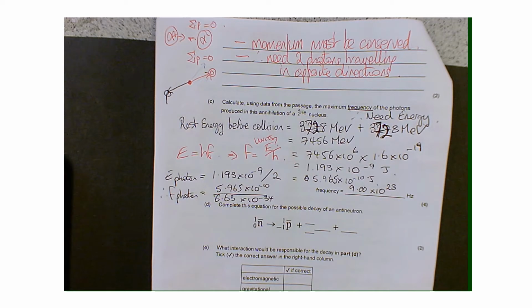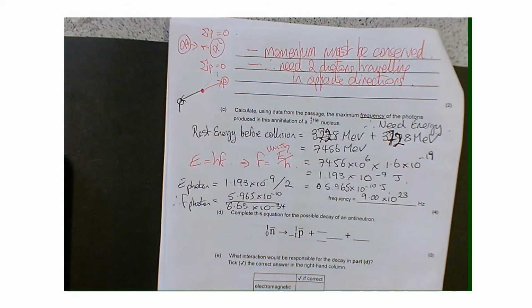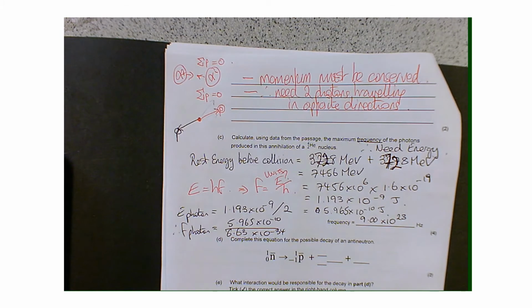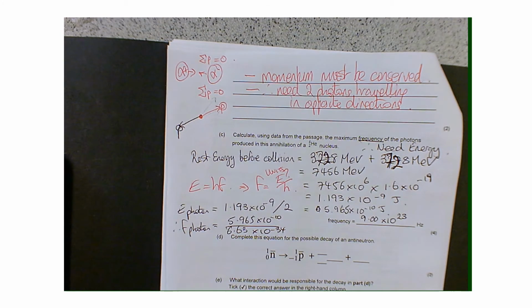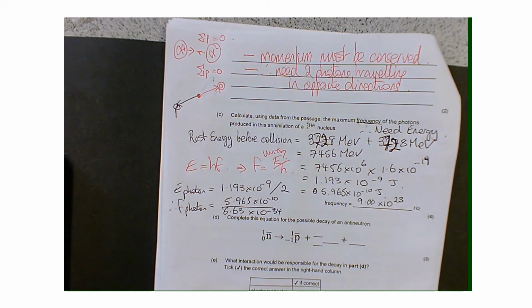And here's the reason. In your A level, this question is specifically made so that you demonstrate that you understand what's happening. There has to be conservation of energy, so the total energy before, given by the rest mass energy of these two particles, has to be carried away by the two photons.